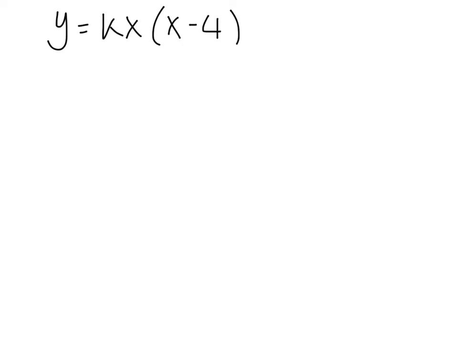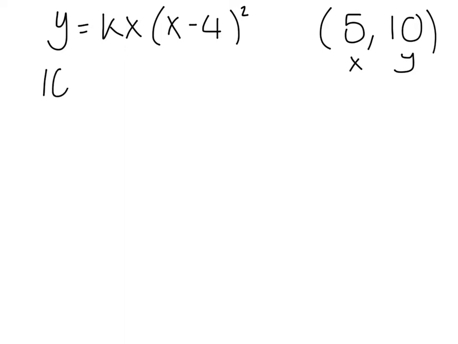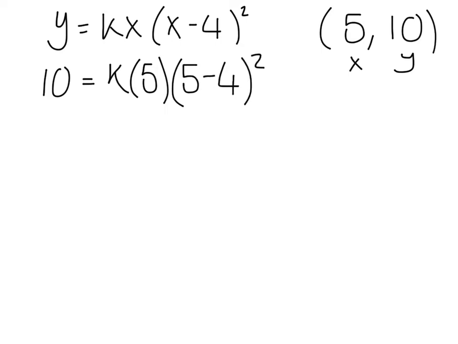First of all, we'll write down our equation. So that's y equals kx times (x minus 4) all squared, and then our point on the curve, the point (5, 10), x is 5 and y is 10. Substituting that into our equation of our curve, we get 10 equals k times 5 times (5 minus 4) all squared.